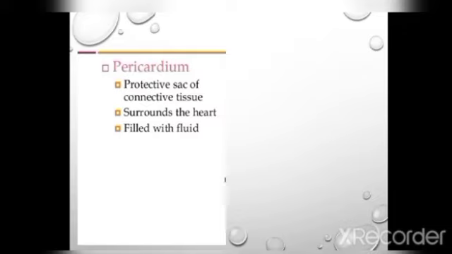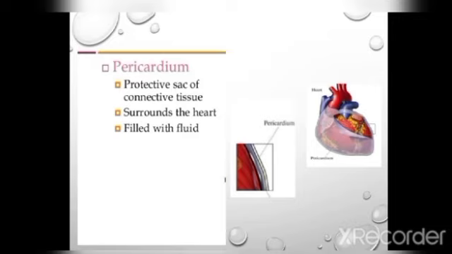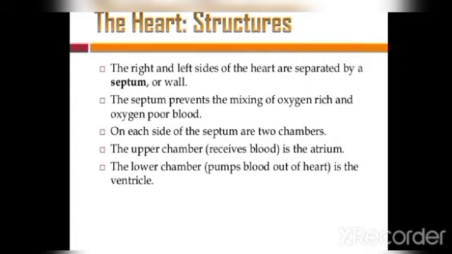Along with the pericardium, there is one more protective covering, that is the rib cage, which protects the heart from mechanical shocks. Now, there are 4 chambers present in the heart. The right and left sides are separated by a septum.